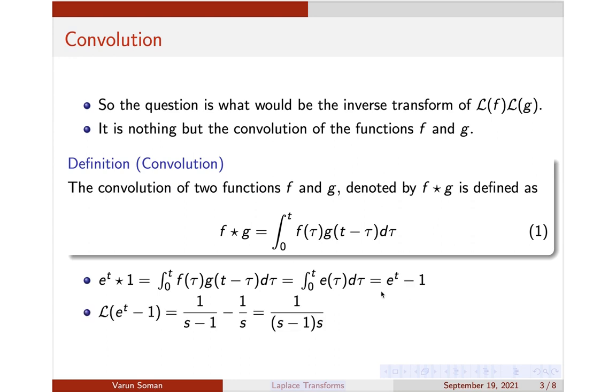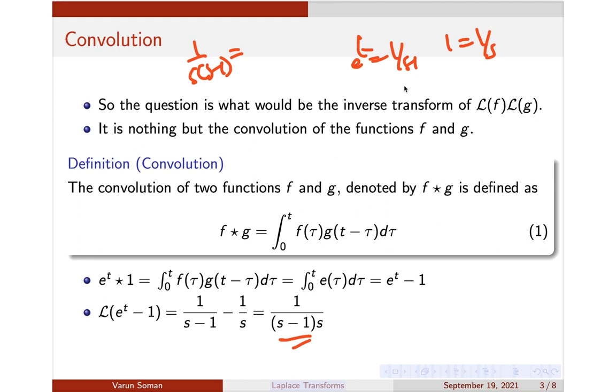As before, in the earlier problem we had discussed what L of f into L of g was in place of e raised to t. You had seen that the inverse transform of 1 by s into s minus 1 is e raised to t minus 1. The transform of e raised to t is 1 by s minus 1, and the transform of 1 is 1 by s.